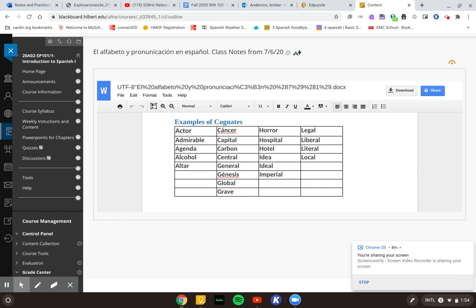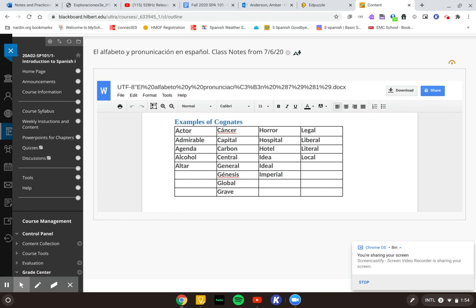Actor, A, C, T, O, R. ¿Cómo se pronuncia actor? ¿Cómo se pronuncia cáncer en español? Should be cáncer. Remember, you should lift your shoulders a little bit when you see that accent with cáncer.